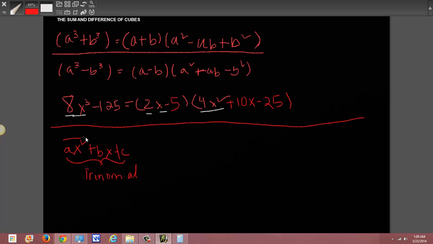The ax squared is a monomial. The bx is a monomial. The c is a single coefficient, which is also a monomial. So a trinomial is a monomial plus a monomial plus a monomial, or a binomial plus a monomial.